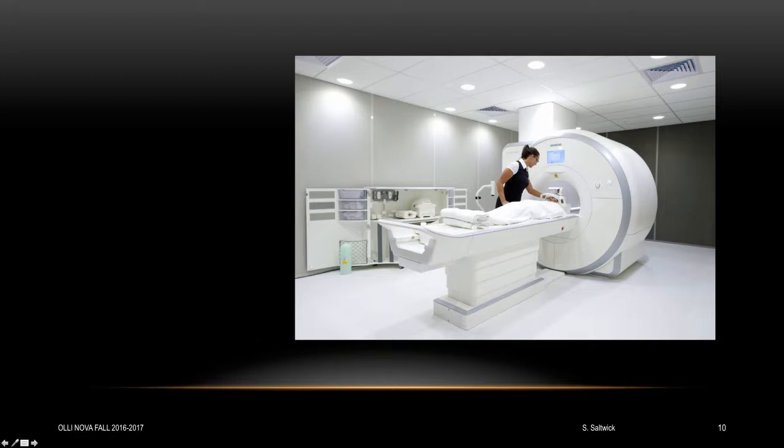Even with earplugs, the noises can be quite loud. And notice your skull is inside the donut of that machine, and it can be quite claustrophobic.